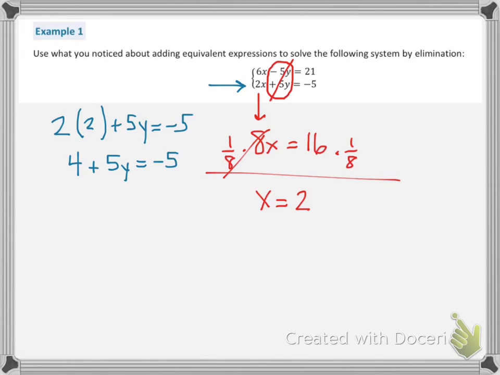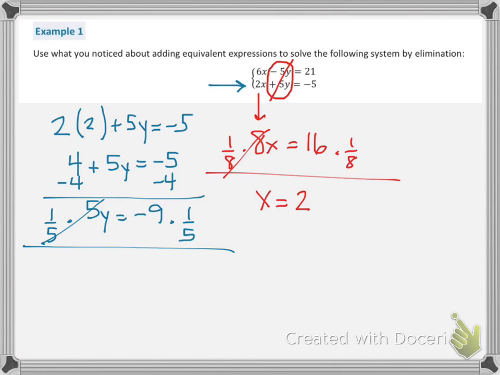Then I isolate the y, subtract 4 from both sides. That gives me 5y equals -9, and then multiply by the reciprocal to balance the equation. We get y equals -9/5. So that's my ordered pair. X is 2, y is -9/5. That is the solution to this system.